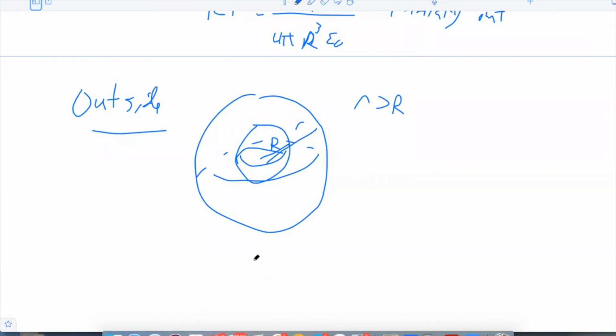Okay, so the left side's the same. This is still going to be magnitude of E. I'm talking about my Gaussian surface here. That comes all the way out, 4 pi little r squared. Nothing changed there.